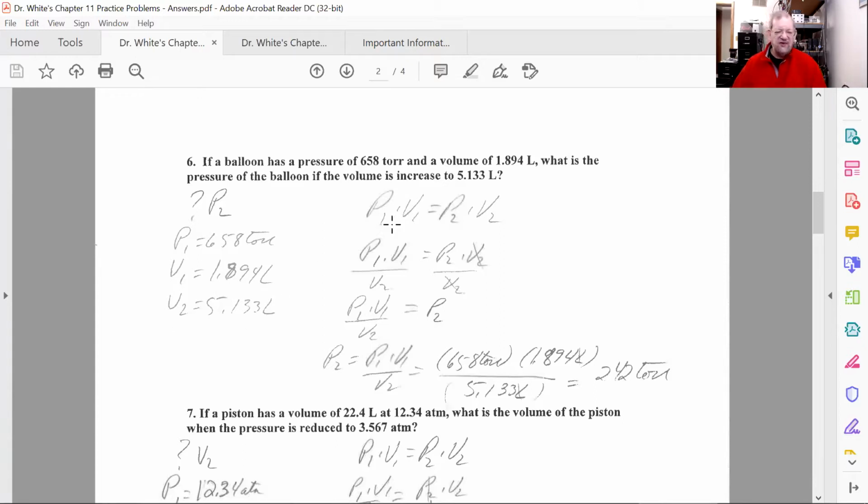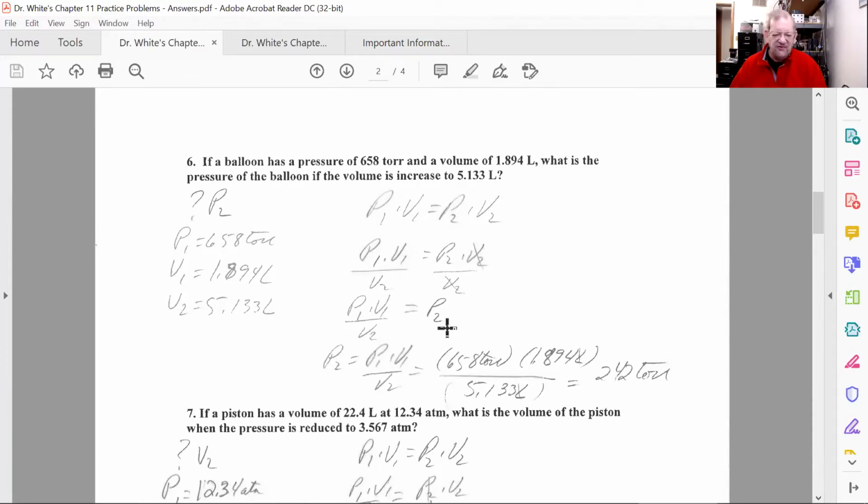So we're trying to solve P1 times V1 equals P2 times V2 for P2. We want to get P2 alone on one side. How do we do that? We divide by V2 on this side, because anything divided by itself is the number one and cancels out. But whatever you do on one side, you have to do the other.